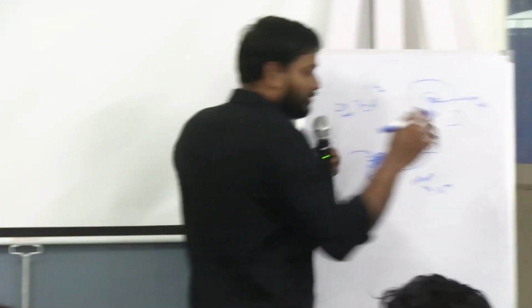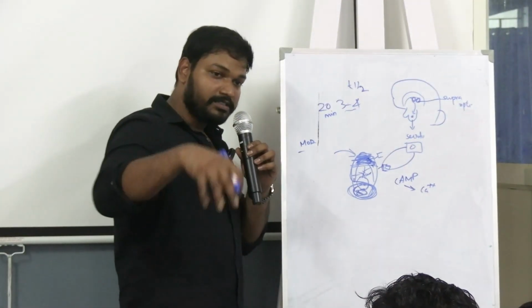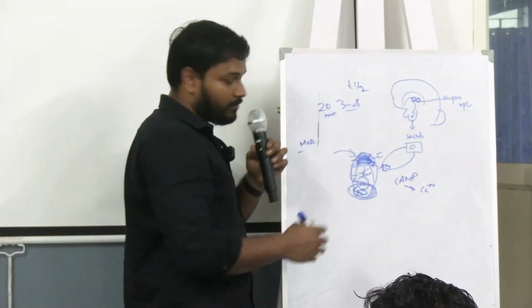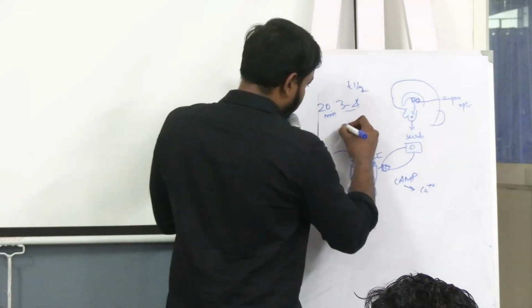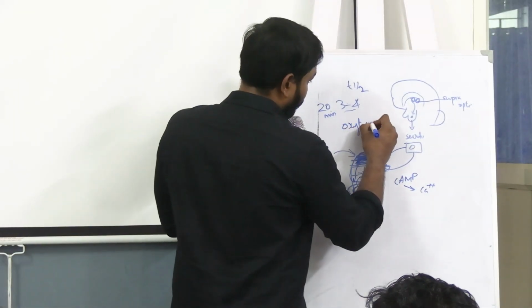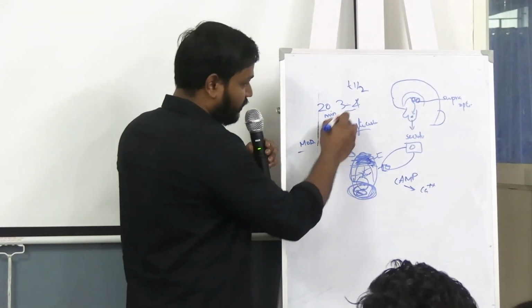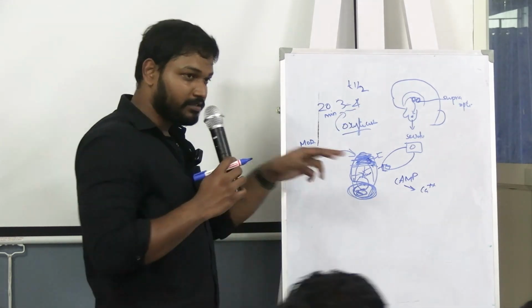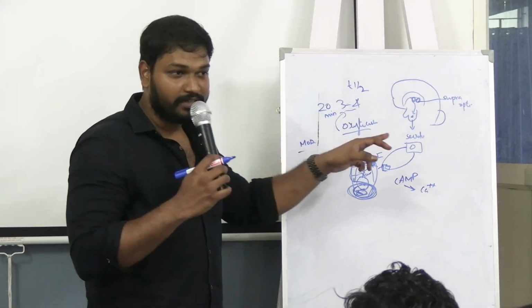Because constantly there will be oxytocin supply from the pituitary, but there is an enzyme called oxytocinase. This will degrade it. Because of oxytocinase only, the half life is very less.